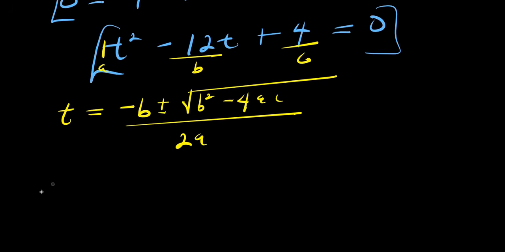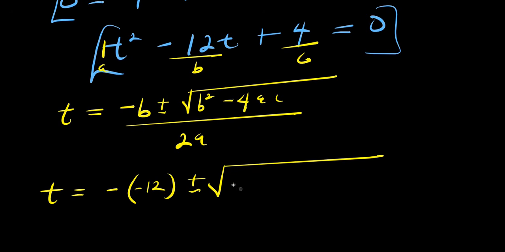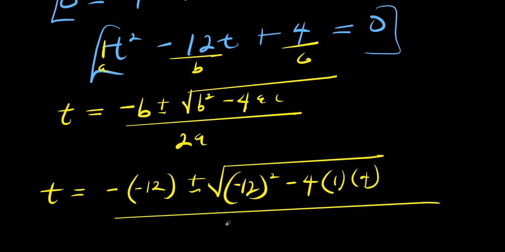So I'm going to have t equals negative times negative 12 plus or minus the square root of b squared, that is negative 12 to the power of 2, minus 4 times 1 times 4, and this is divided by 2 times 1.